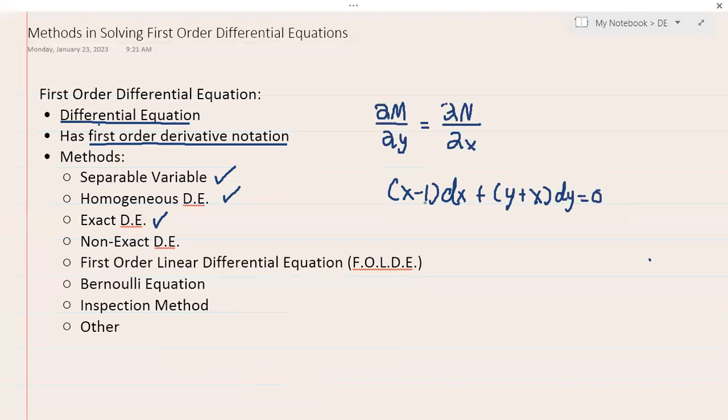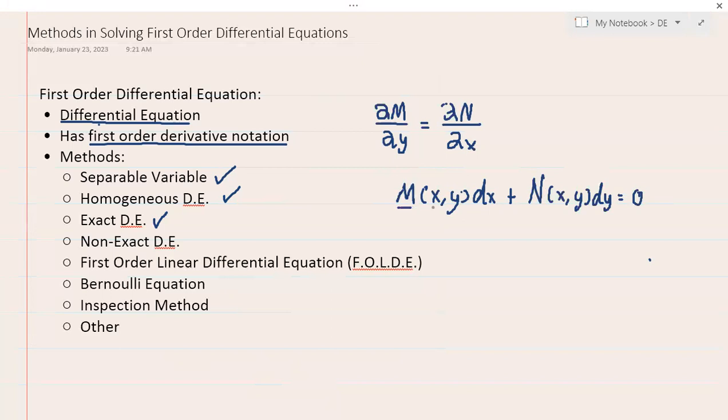So ito, let's represent this one as M and N functions. Okay? So, dito, wait lang, burahin ko lang to. Let's say na meron tayong a function M of x and y times dx plus function N of x and y in terms of dy is equal to 0. Yan.